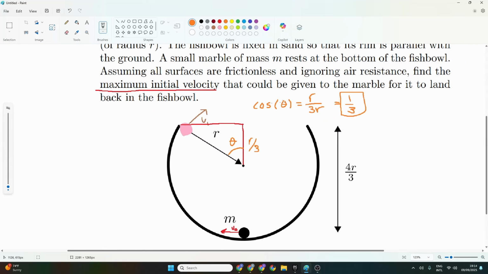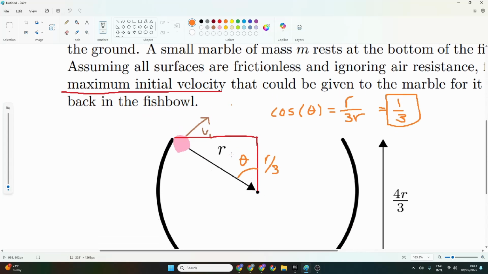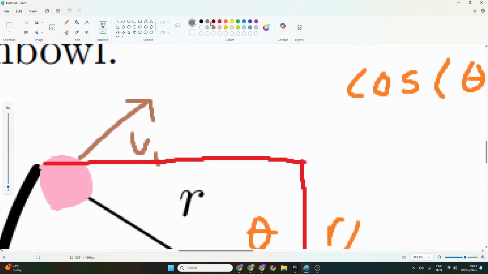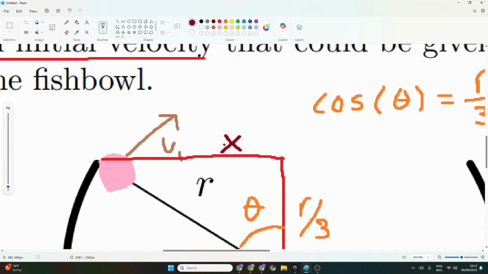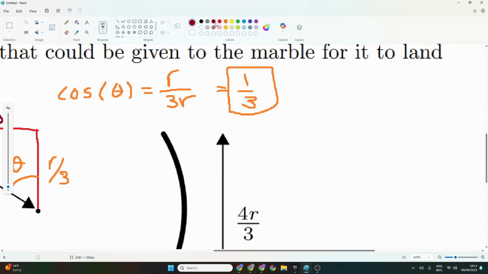So then, what do we do with this? Well, let's think about how we can use this in the equation. We can use this to find out what this distance is right here, this x distance, which I'm just going to call x. Sine of theta is equal to x over r, therefore r times sine theta is equal to x.